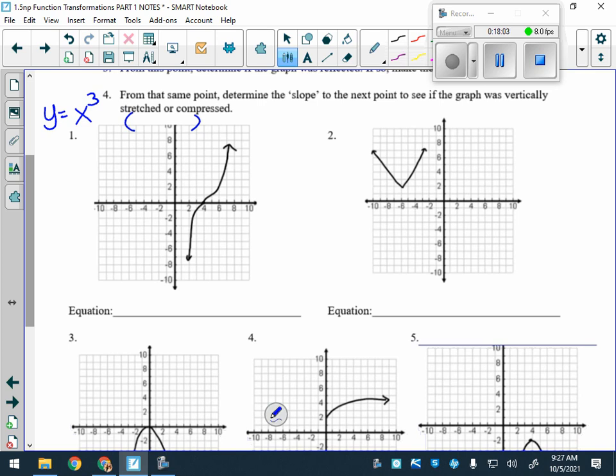Yeah, point of inflection. However, all of those represent h, k. So what is the point of inflection here? Jason? Positive 4, 0. Is this graph reflected? No, it's not decreasing at all. So what would be my equation?